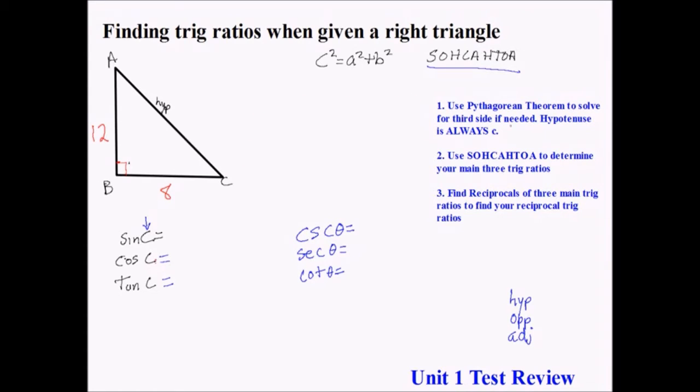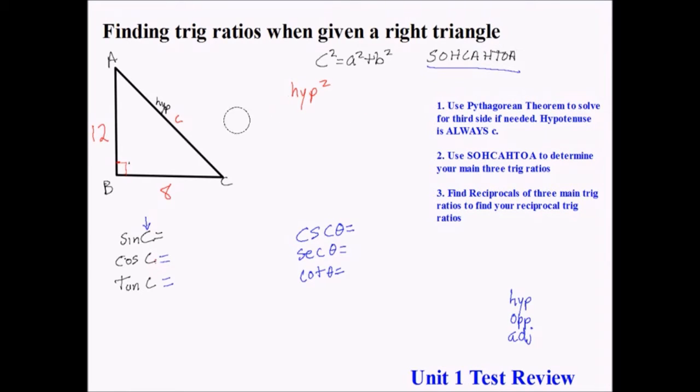First and foremost, we want to find that third side, and the hypotenuse is always C. So let's say the hypotenuse squared. Do we know the hypotenuse? No, we don't.